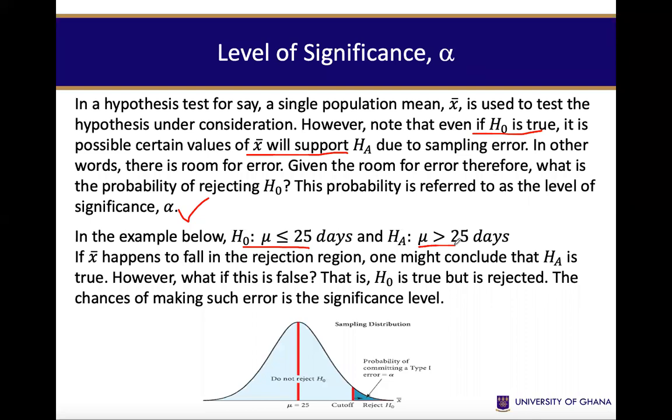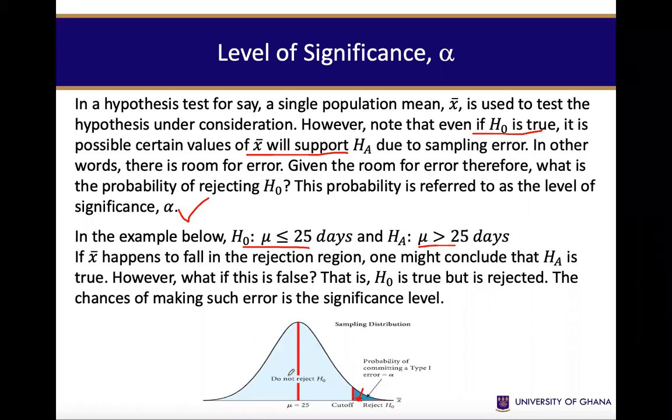Now, if the statistic that we are looking for falls in the rejection region, which is indicated with the shaded portion over here, then we can conclude that your null hypothesis is true. But if the statistic falls outside of the shaded region, then we are not going to reject the null hypothesis.